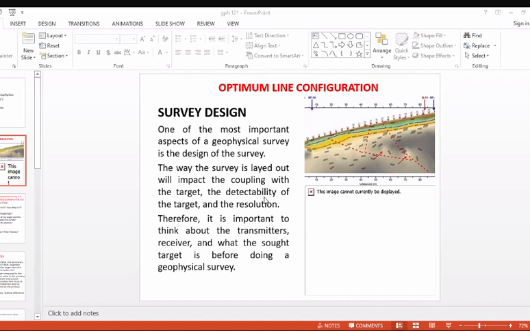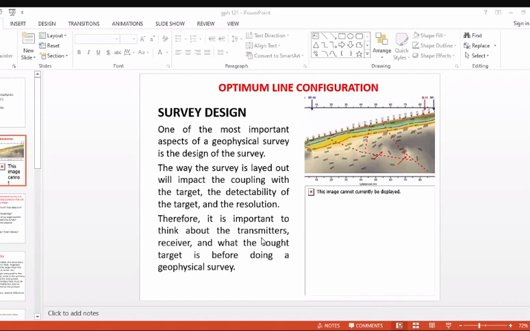So in order to detect the target, we must ensure optimum use of our survey parameters as well as the resolution. Therefore, it is important to consider the transmitter and receiver. What receives the response? The transmitter is from the surface of the ground.